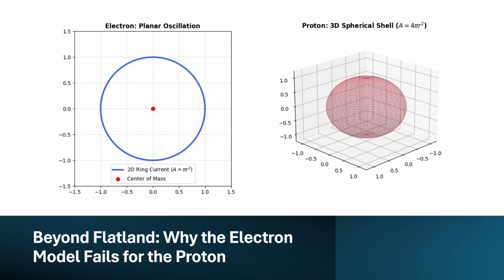Both the Thomas Jefferson National Accelerator Facility PRad experiment, JLab, as well as the cooperation between the Max Planck Institute of Quantum Optics, MPQ, and the Paul Scherrer Institute, PSI, which uses basically muonic hydrogen data.